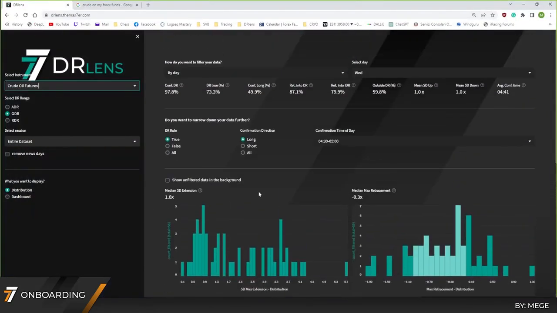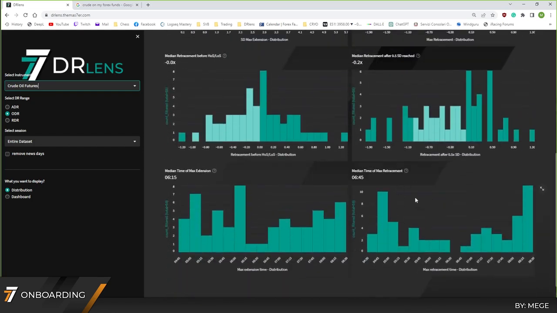That's the data for crude today, Wednesday, true long 4:30 to 5. Look at the time. The mode is the mode to the left. The real mode is here, but the mode to the left. So if you split the distribution in half, then you take the mode to the left, which is 4:45 to 5.